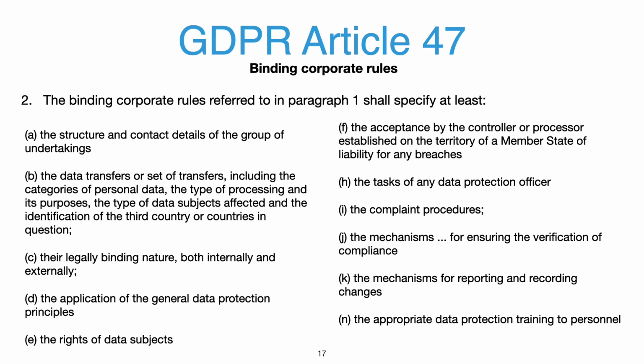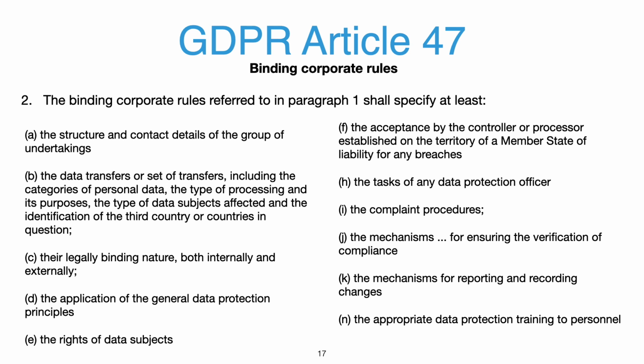So these binding corporate rules need to specify the structure and contact details of the group of undertakings, the data transfers or sets of transfers that are going to happen, the legally binding nature both internally and externally, the application of general data protection principles, and the rights of the data subjects need to be explicitly enumerated.